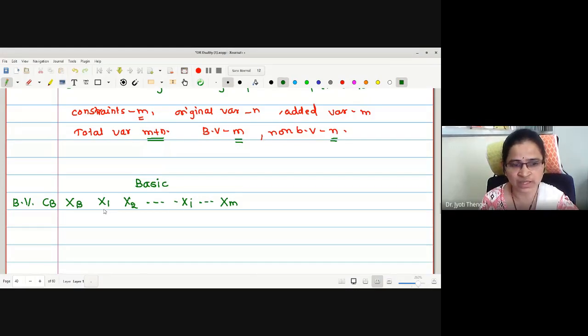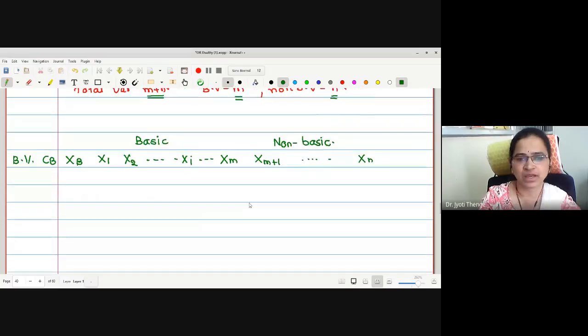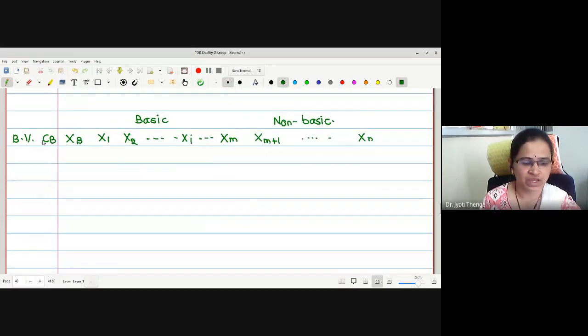We have assumed that the first M are the basic variables. What are the remaining then? Let me write xm plus 1 to xn. These are nothing but my non-basic variables.